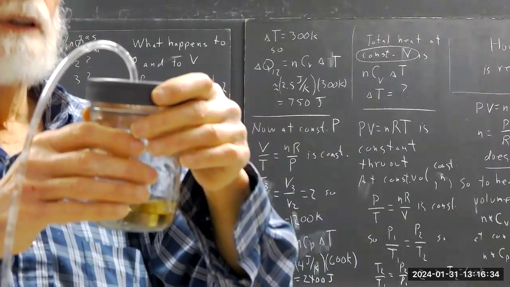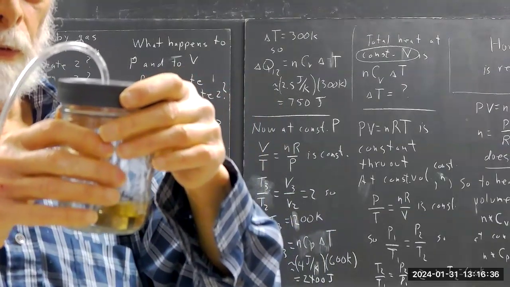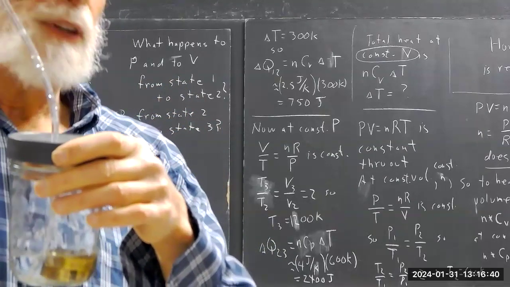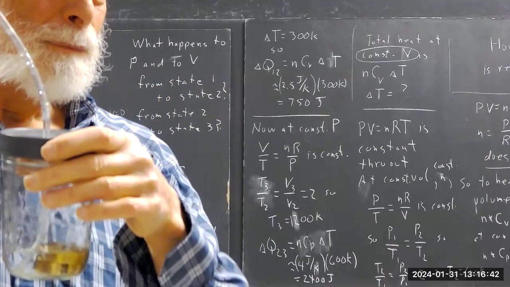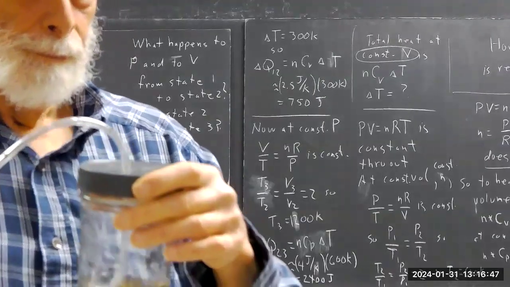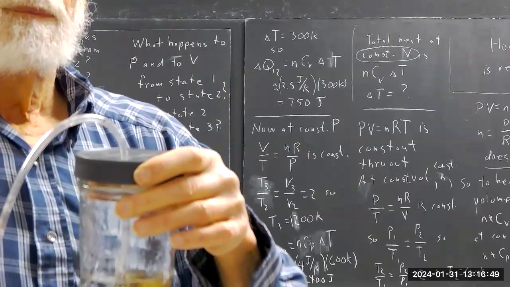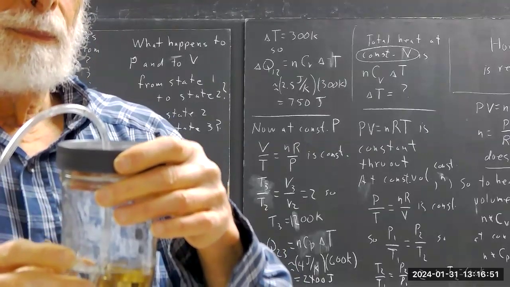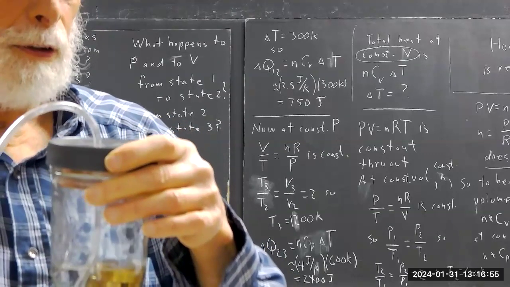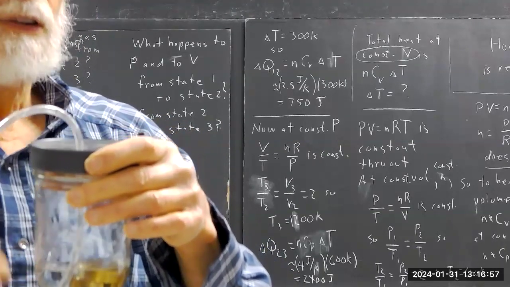If you increase the temperature and let water flow up the tube, the tube doesn't have much volume, so we can neglect the volume of the tube. We heat this thing up, but the water doesn't move very far. Any water that moves is going to move up the tube.